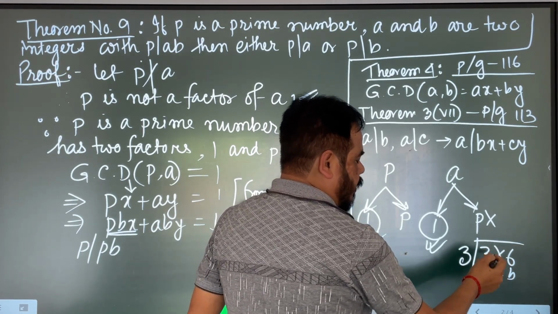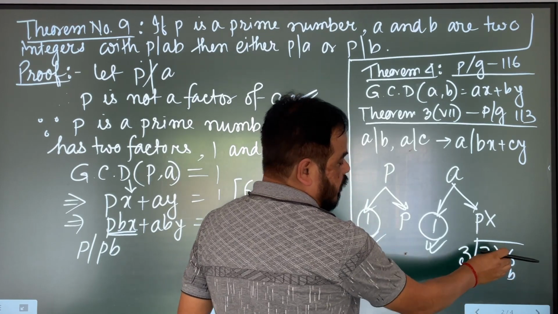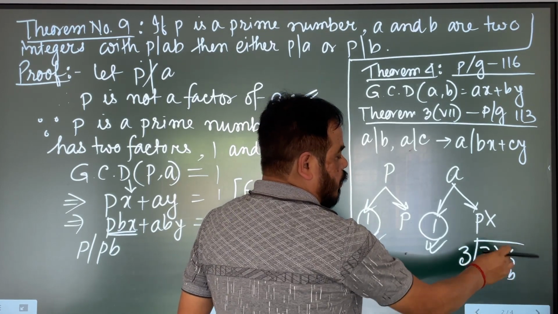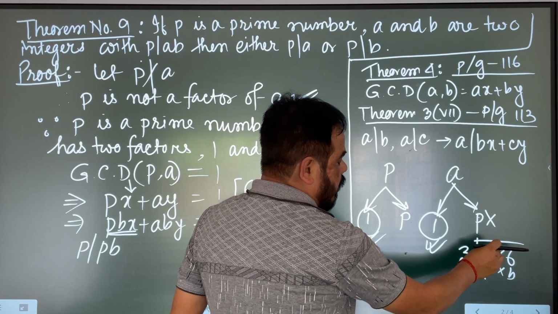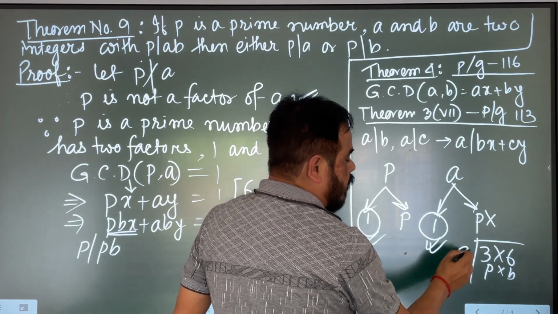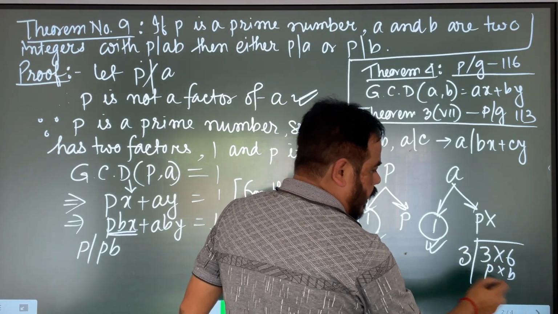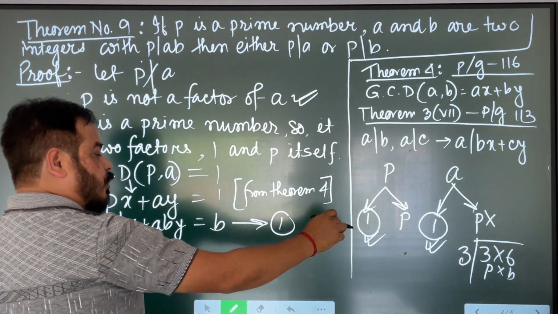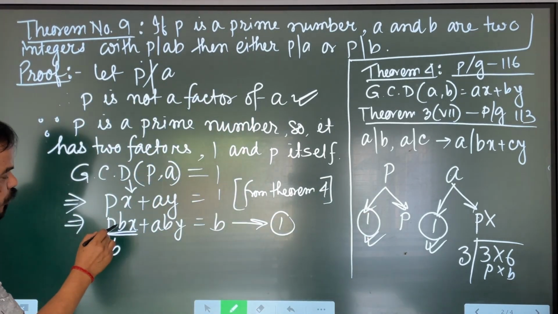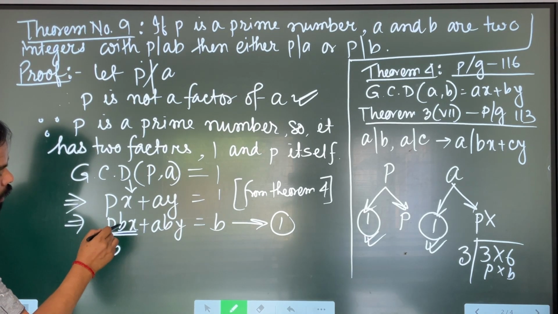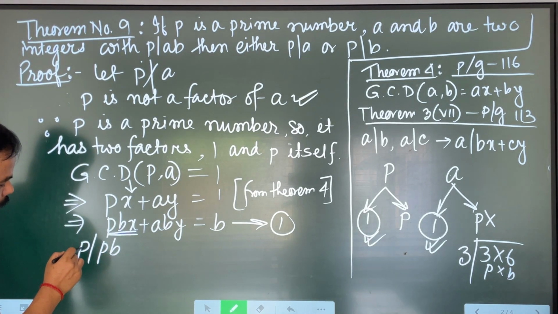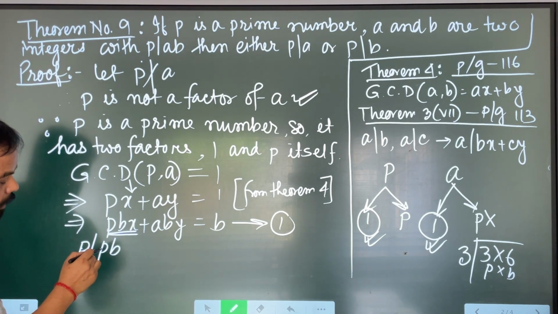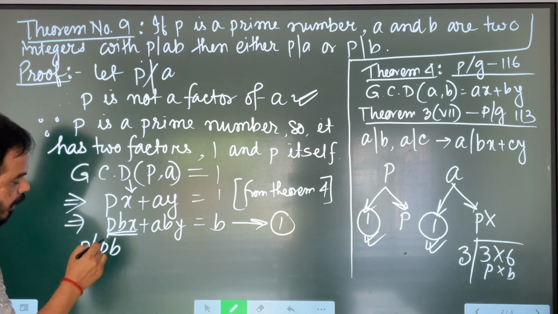Of course, it is 18, which is 3 into 6. Will 3 into 6 be divisible by 3? Sure, because here also there is 3. So P is the divisor and PB is the dividend, and by P we can surely divide PB.